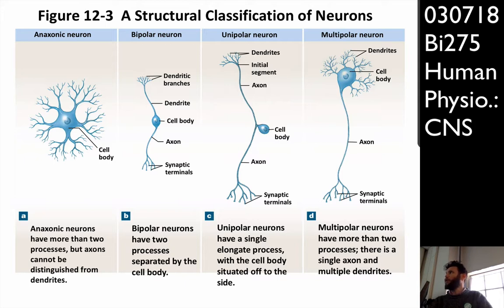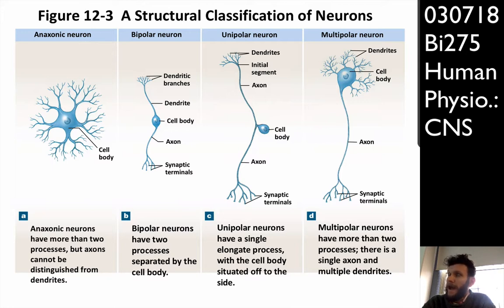Next is a bipolar neuron. A bipolar neuron has one dendritic projection that is for the incoming information and the input. Then the graded potential passes through the cell body, and the axon emerges from the opposite pole of this neuron.